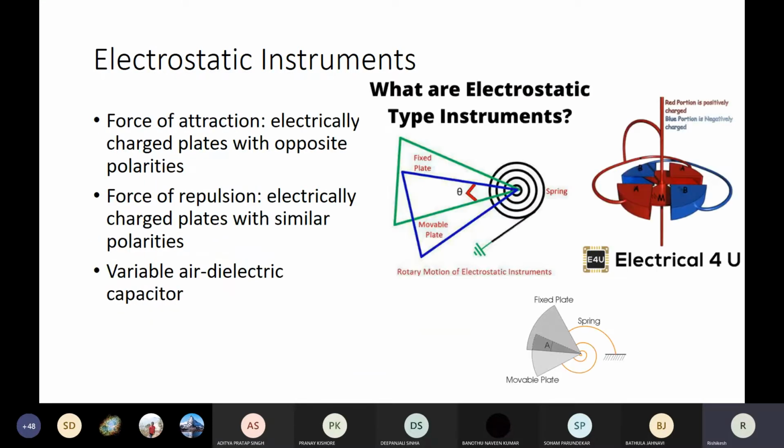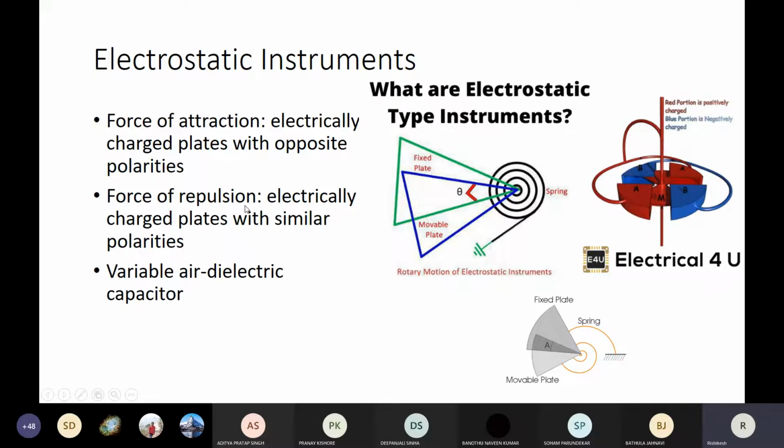instrument. Okay, moving ahead, we'll discuss the electrostatic instrument. In this we have again two types. One is based on, let's say, force of attraction, similar to moving iron instruments, and the other on force of repulsion.